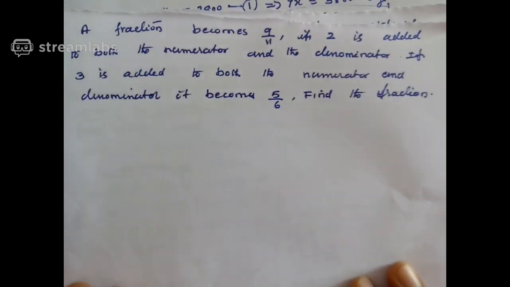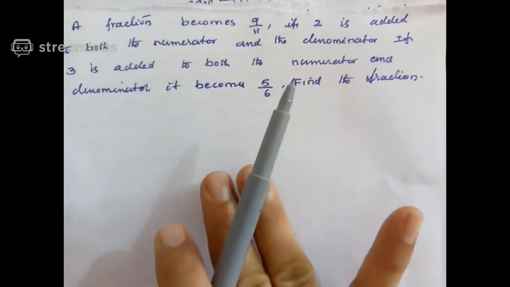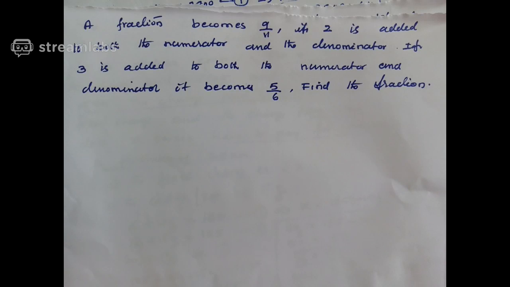I'll go to the next one. See this question. A fraction becomes 9 by 11 if 2 is added to both the numerator and the denominator.